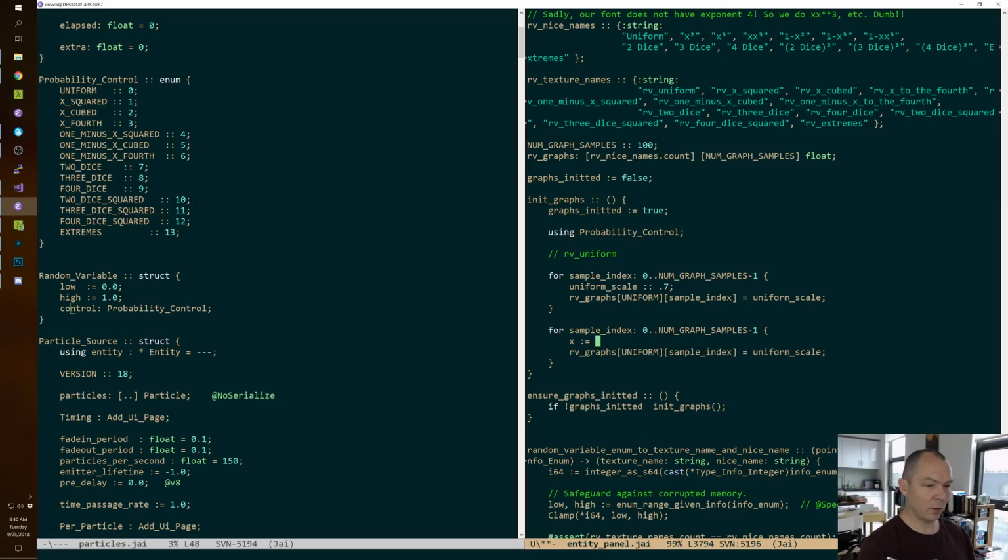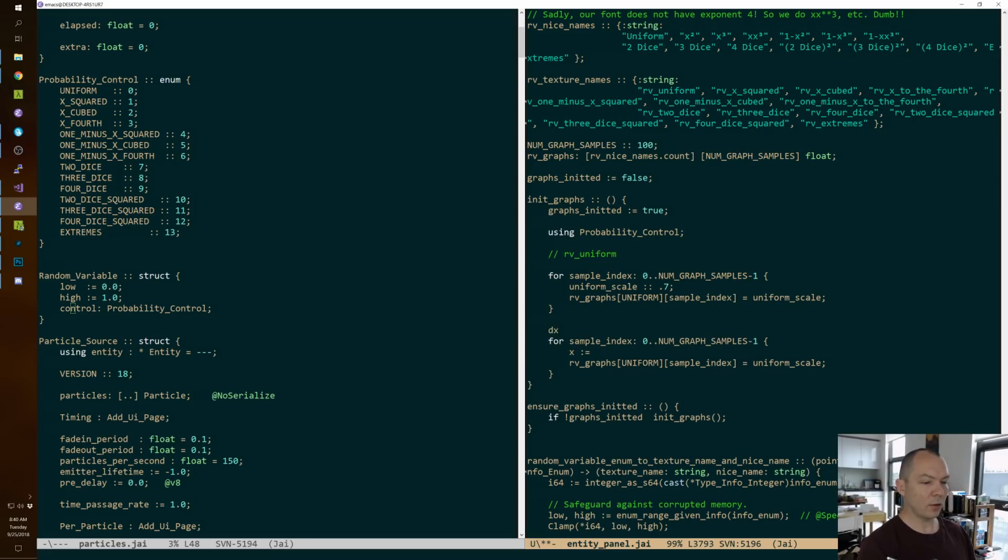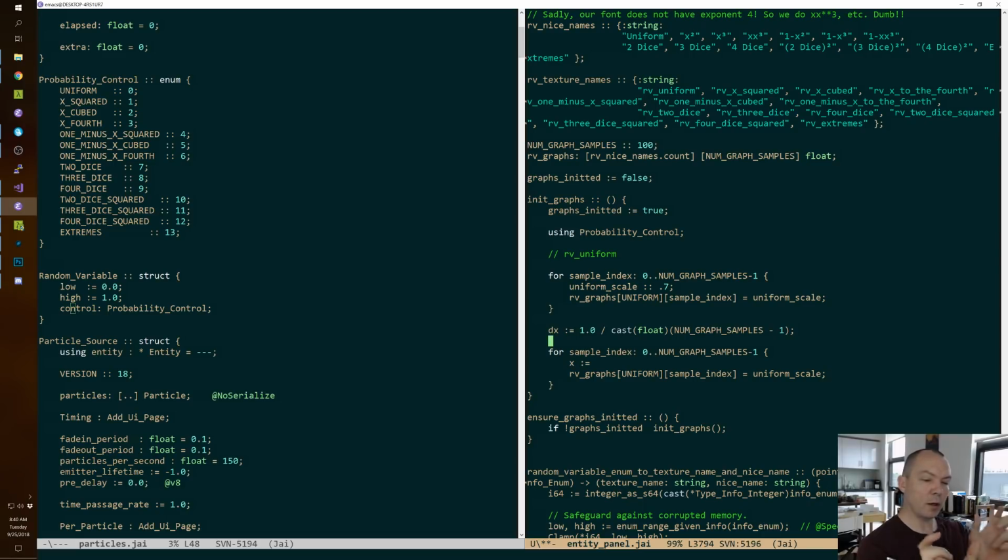So let's say dx is 1.0 divided by, right? If you have 100 numbers, you have 99 intervals between the numbers. Maybe this loop is going to be cumbersome enough that we want to do it the other way around. So x0 is sample index times dx.